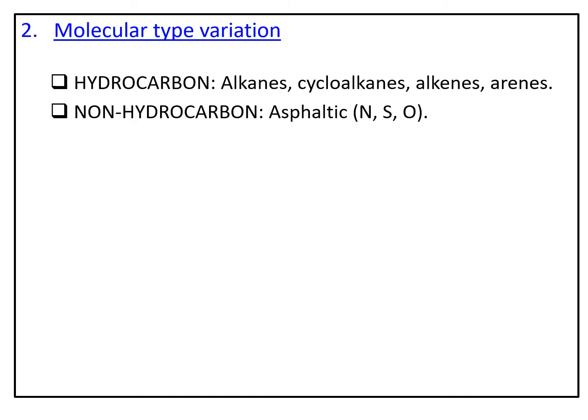So we have the hydrocarbons: alkanes, cycloalkanes, alkenes, and arenes. And the non-hydrocarbon compounds would be the nitrogen, sulfur, and oxygen compounds. So we go through each of these types of hydrocarbon.